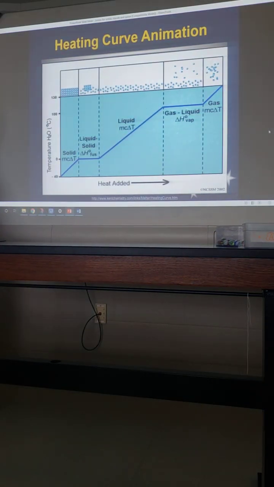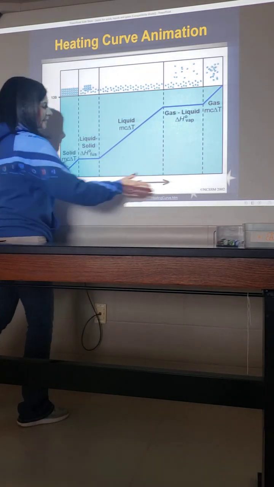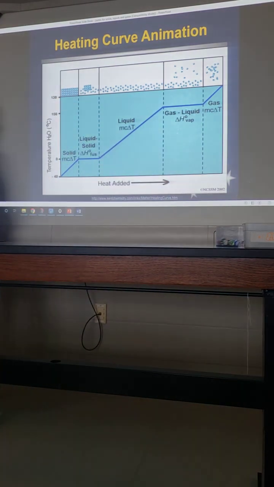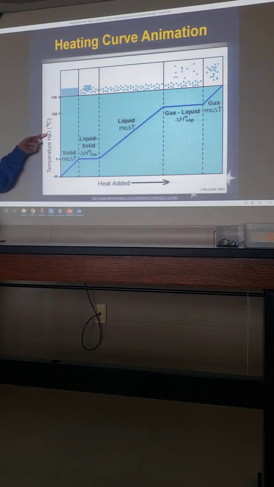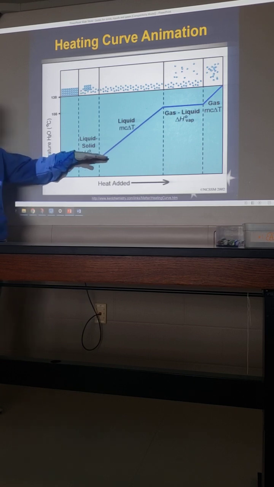And this is what it looks like. So typically you'll see that heat being added down here on the x-axis, and the y-axis, your dependent variable, is looking at the temperature of the water in degrees Celsius. And so this is minus 40 working its way up to 0, right? Then it kind of flatlines, has a plateau, right here.